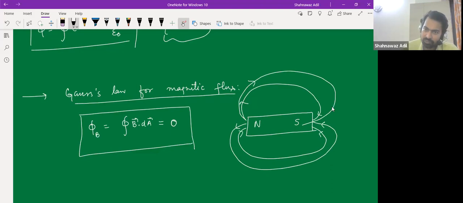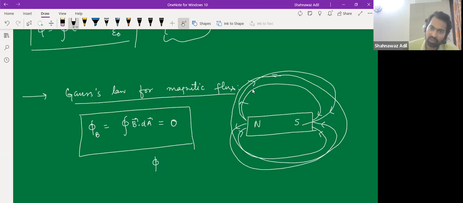Let's say we take a sphere. If we take this sphere and we calculate the number of field lines passing through this closed sphere, how much would that be?